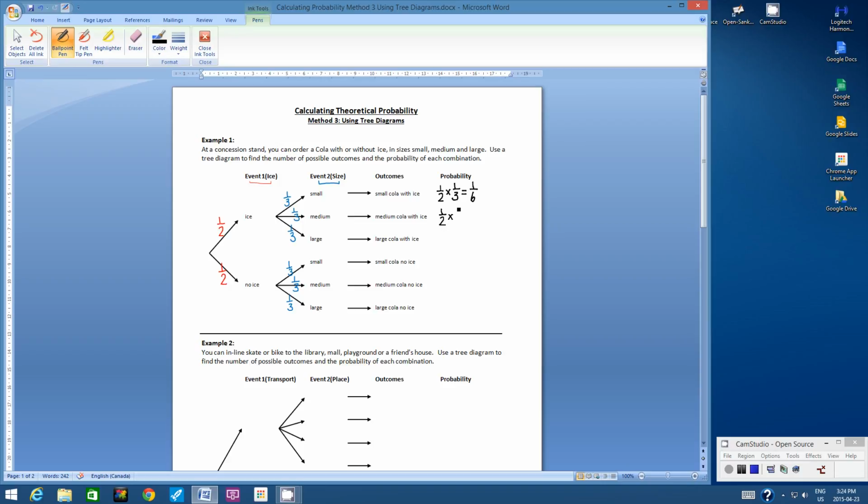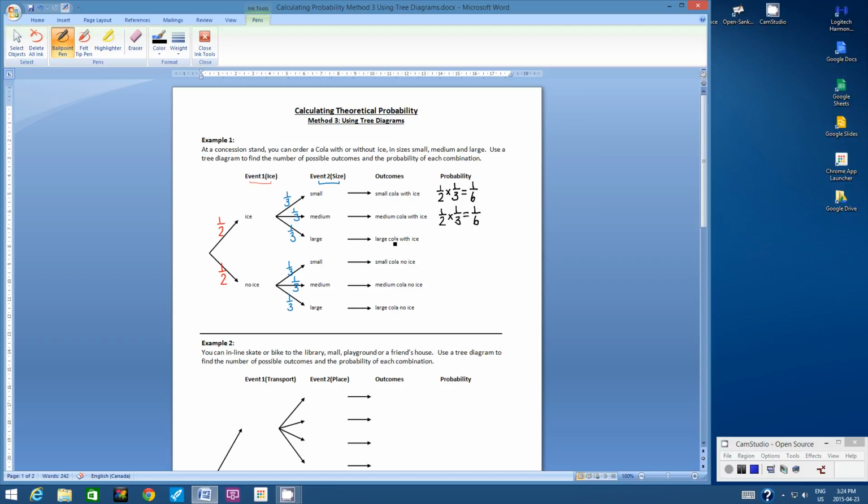Well, it's 1/3. Now this multiplication statement looks a whole lot like the one above it, so we should know the answer pretty easily. 1/2 times 1/3 equals 1/6. Okay? So there is 1/6 chance of ordering a medium cola with ice.